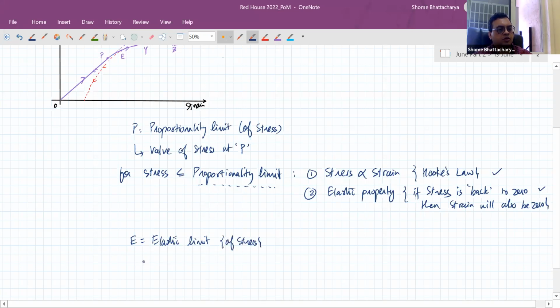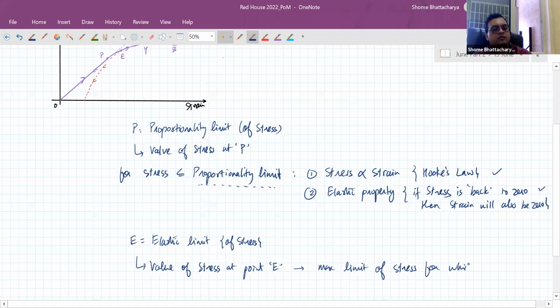It is the value of stress at the point E on the graph. Now this is the maximum limit of stress for which the material retains its elasticity.